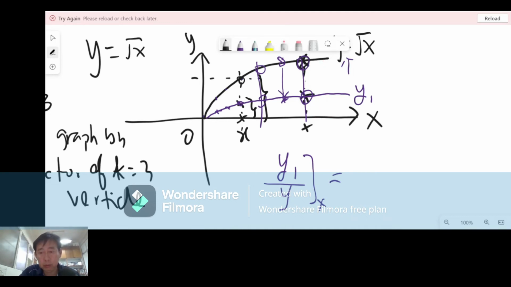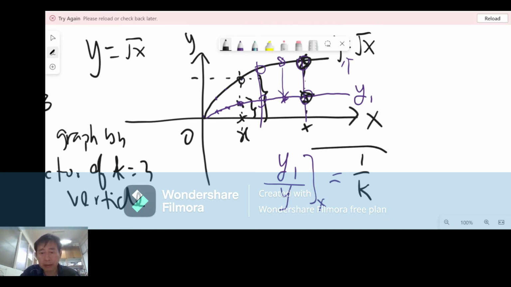So that should be equal to 1 over k instead of k. Okay, so that is a mistake that I have to correct. So the ratio of the values of y1 to the original values of y is always equal to 1/3 because y1 is smaller than y by a factor of 3.